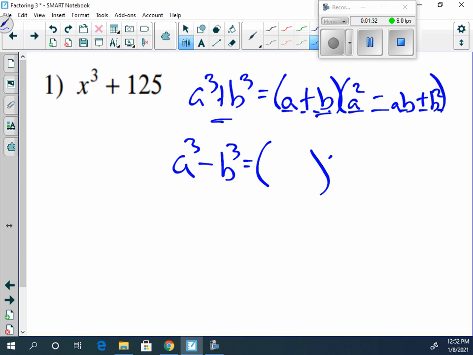And our signs for these, when we factor it, are going to be the same, opposite, always end on a positive note. And then for our factors of a and b, we'll have a squared, ab, b squared, and we're going to fill in the terms for a and b corresponding to their places.